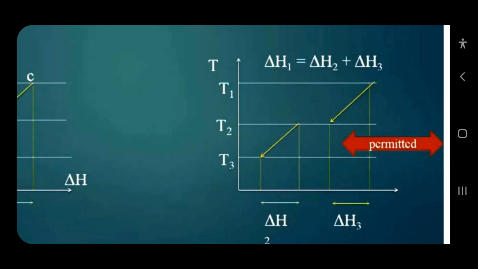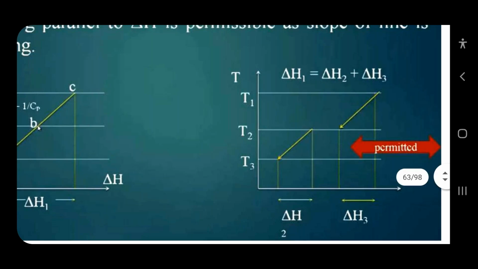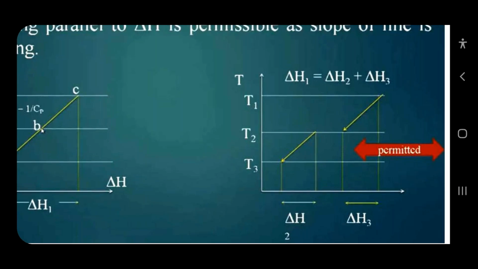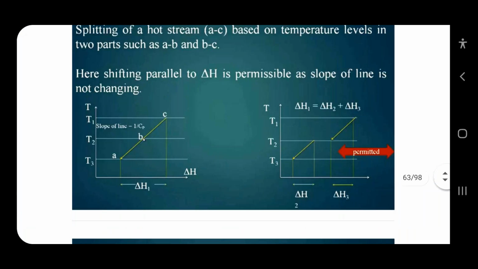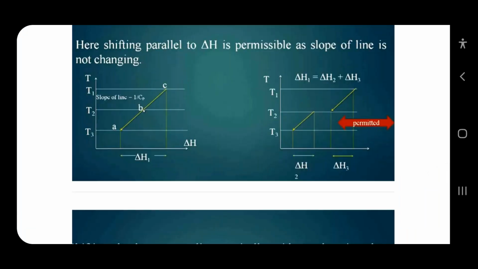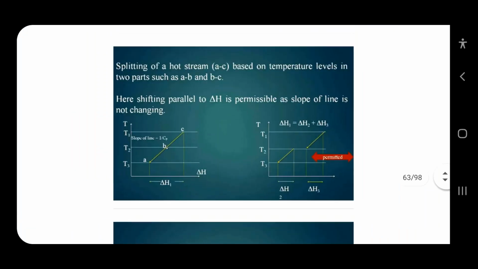Now you have to merge these two lines, so you can move the bottom curve, that is the bottom hot stream 1, to the left side and join it. Here it is. So there is a total, delta H1 plus delta H2, you will get the total delta H. This is the complete line of H1 and H2.